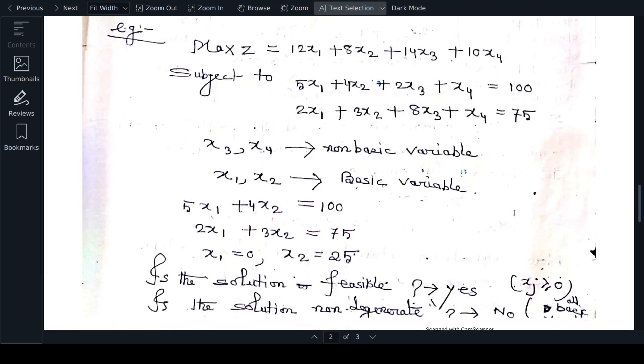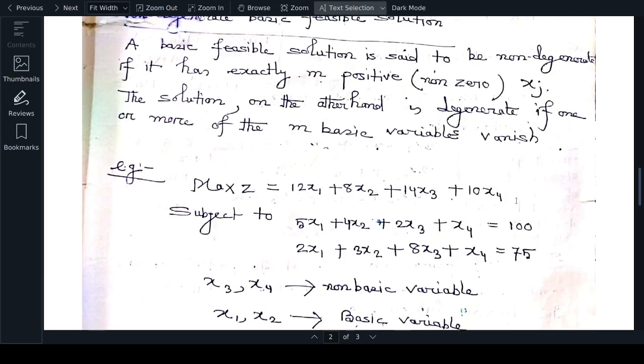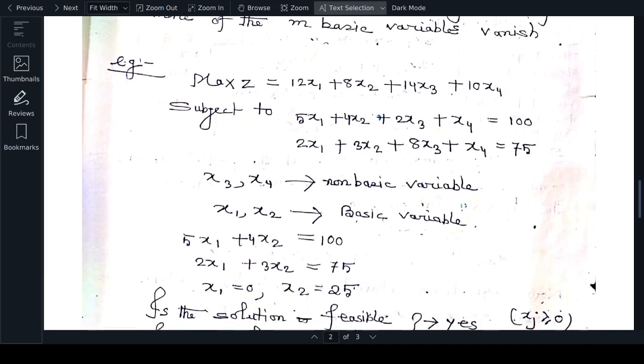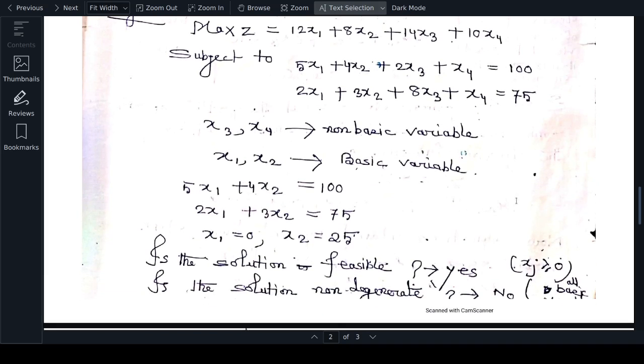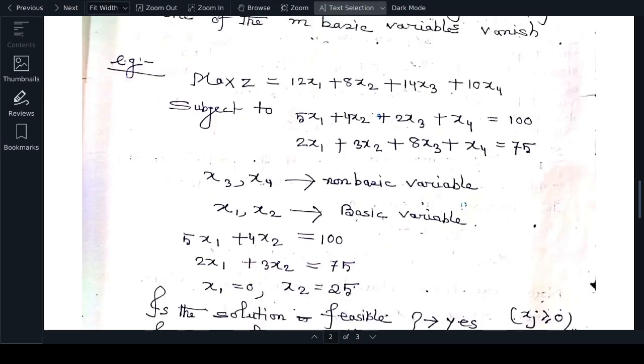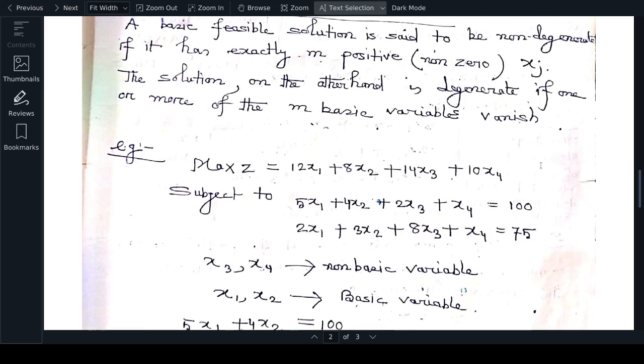Immediately you find the basic variables, then find their values and see the problem, and you can identify whether this is a basic feasible solution, and non-degenerate or degenerate.